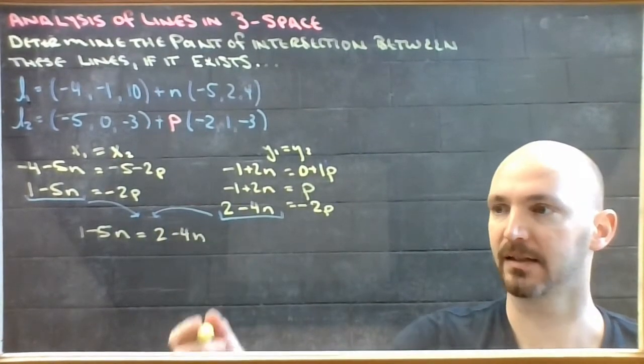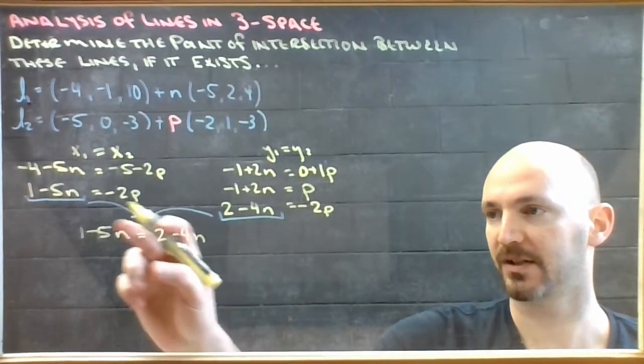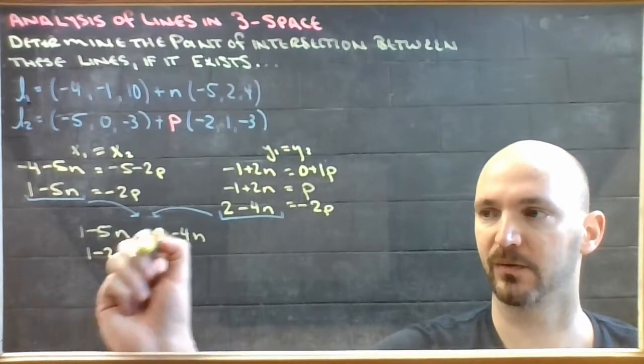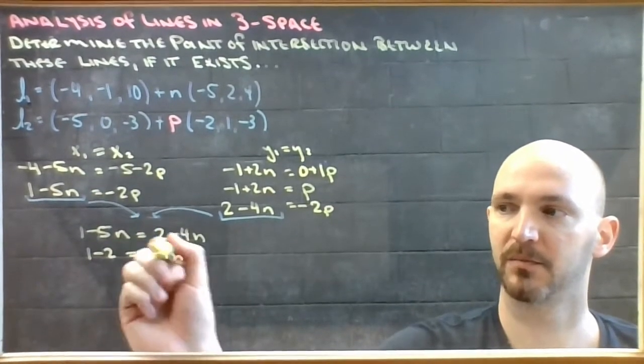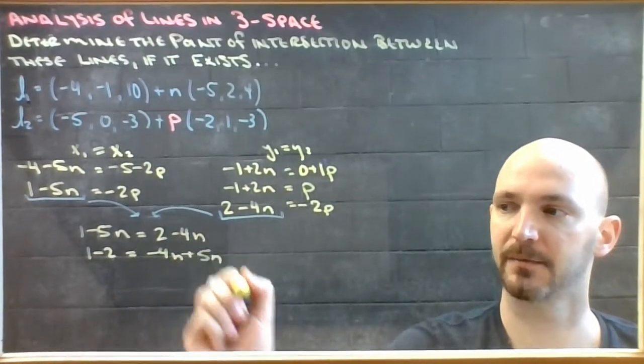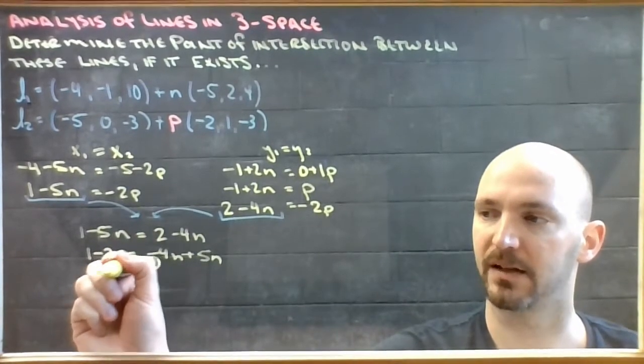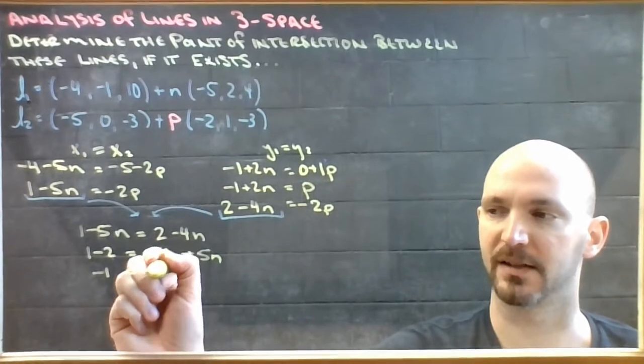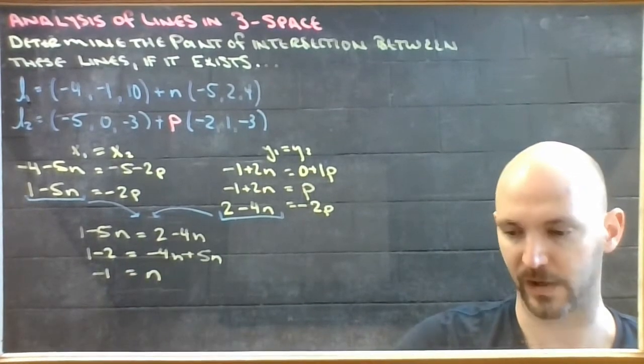If that's the case, I'm going to bring this 2 over here and this over here. So 1 subtract 2 would be -4n's plus 5n's. 1 minus 2 is -1, and 5n's minus 4n's is just a single n. So there I go. I've got the value of n.